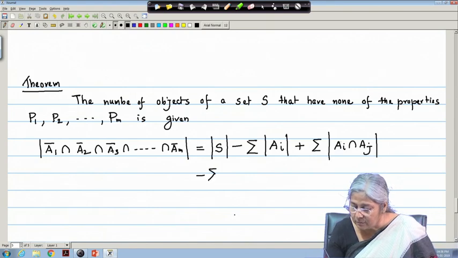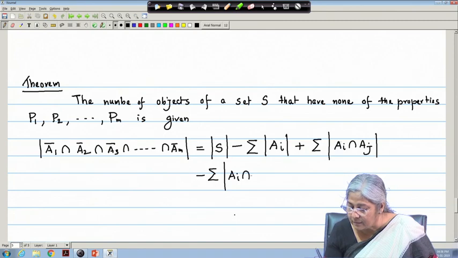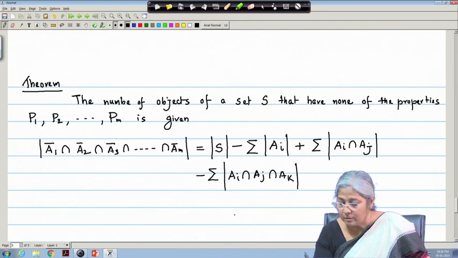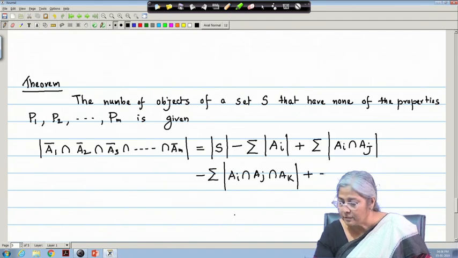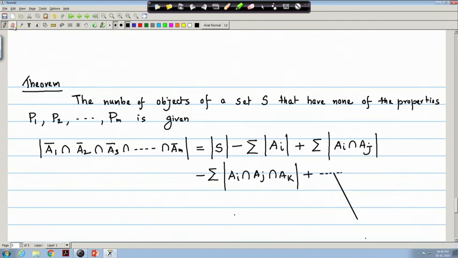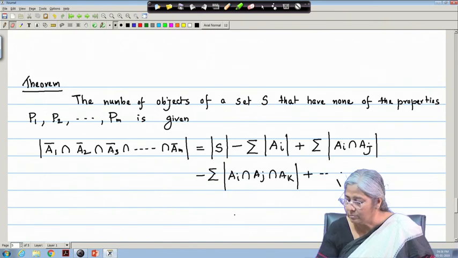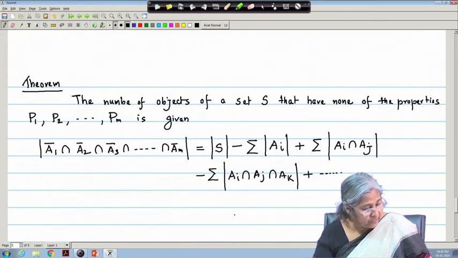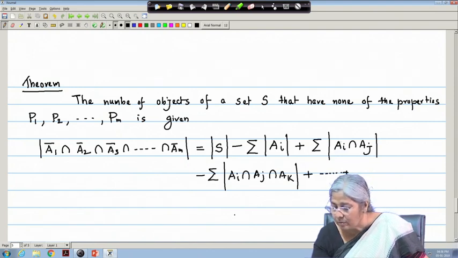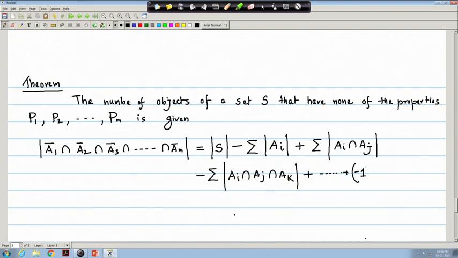So, I consider that A_i intersection A_j intersection A_k, and then we must add the number of properties with 4, and in this way if I continue then I will be getting that minus 1 to the power n, since I am generalizing this thing.